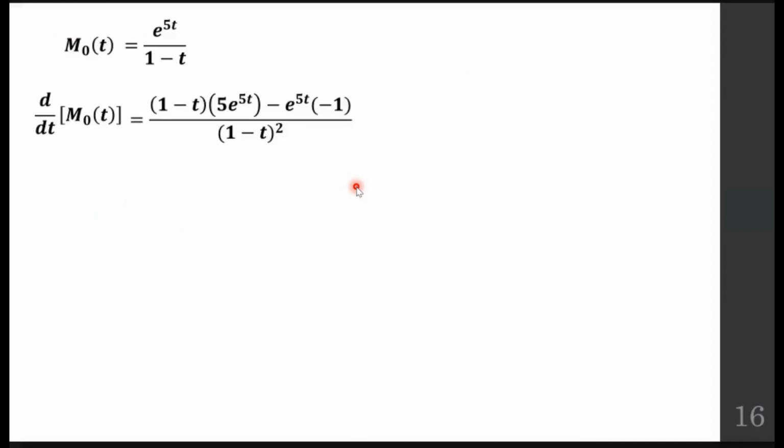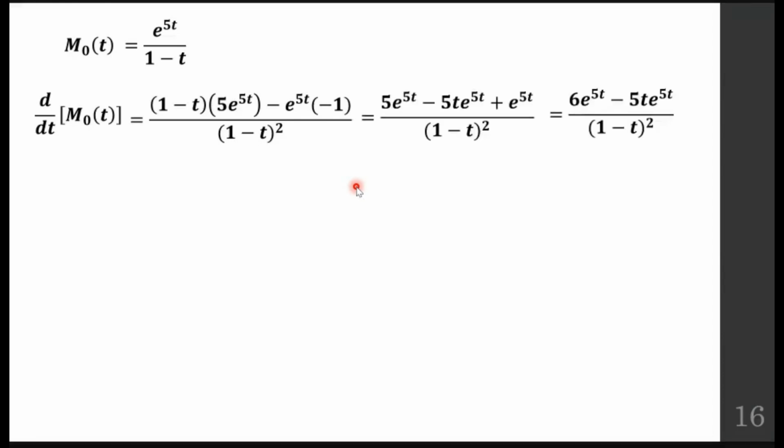Normal differentiation I've done, u by v, and then put t equal to 0. This was a homework problem, I thought of giving it, but then I thought I'll solve it. It is u by v, so v into du minus u into dv upon v square, open the bracket, simplify, we will get this. Now put t equal to 0.